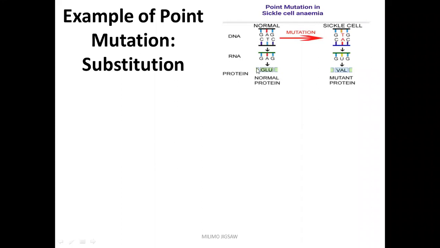What we have in the protein will be glutamate in the normal protein. But in the mutant protein, when the hemoglobin is sickle cell, you are going to have valine. So there is a mutation that takes place in this.